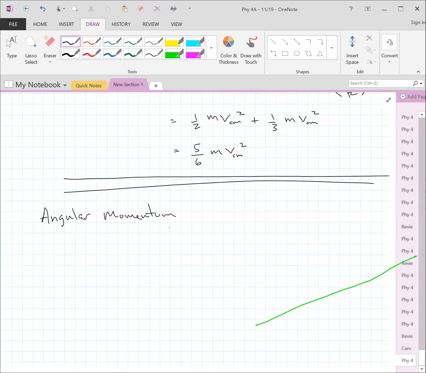So what we've got is a similar situation to linear momentum. What happened with linear momentum? Somebody noticed, Newton, I guess, that when you take Newton's law, the sum of the forces equals ma. And the definition of a is dv/dt, right?